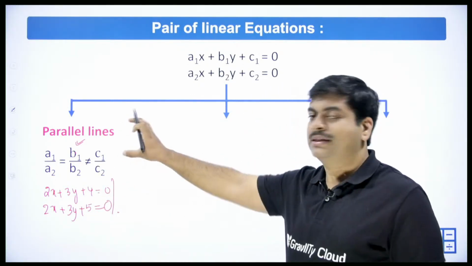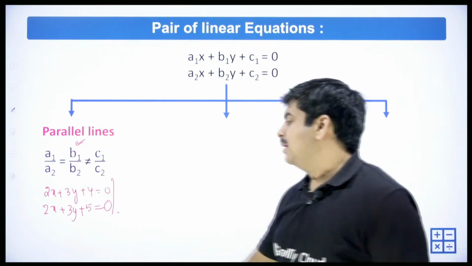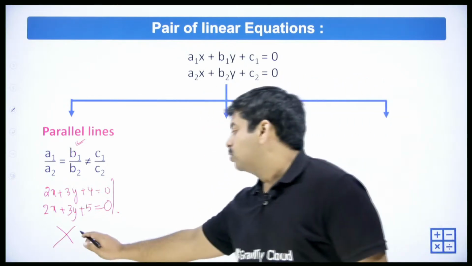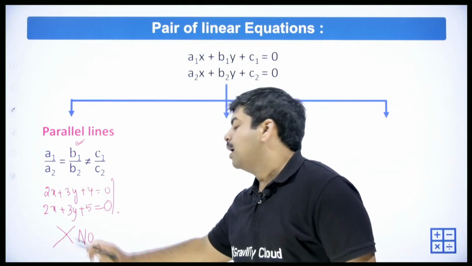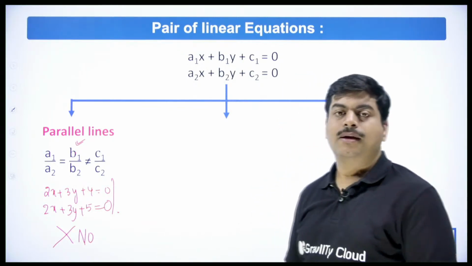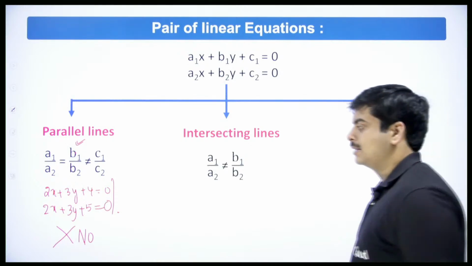These type of lines are called parallel lines, and there is no solution. If I ask you the number of solutions, you need to say it is 0.